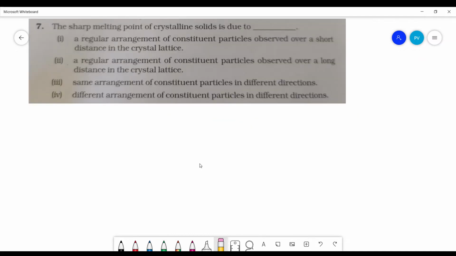The question is, the sharp melting point of crystalline solids is due to.